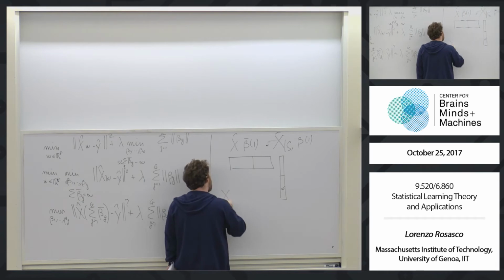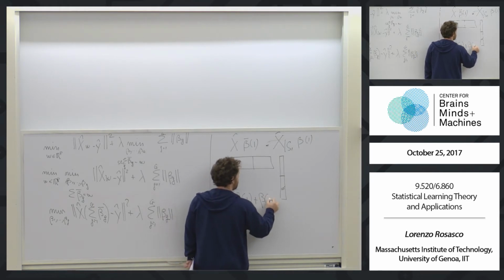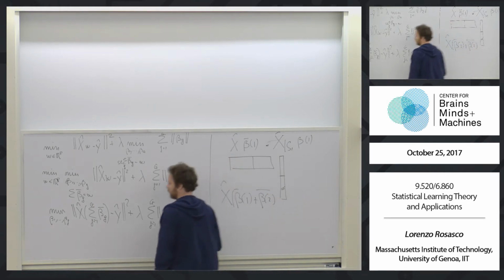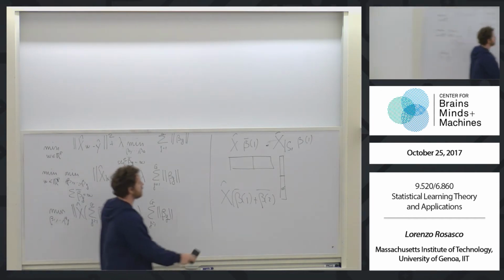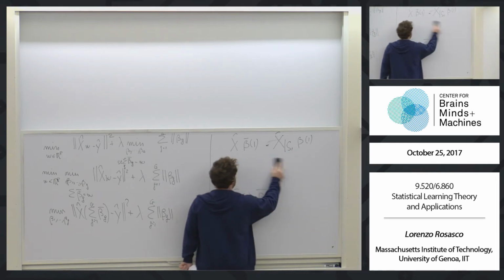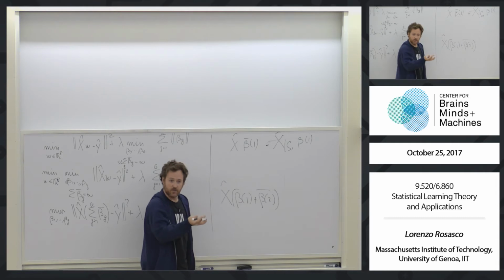Suppose that I have to do now x hat B1 plus B2. Okay, I just have 2, now we're going to have G, but we just do it, you see what's happening.